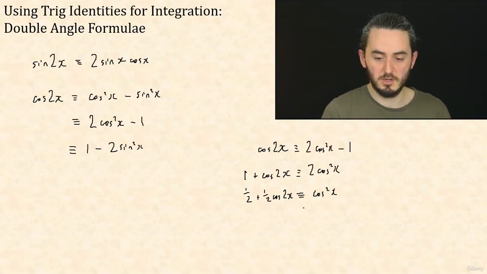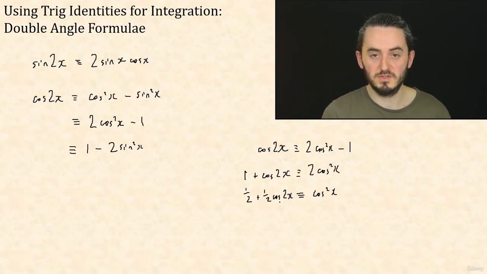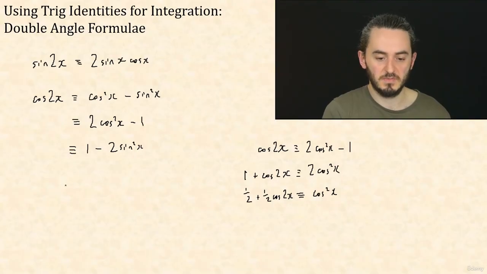Now the reason why this is so magic is that I've expressed a squared trig function that I do not know how to integrate in terms of a half plus a non-squared standard trig function, all of which I can integrate. So rearranging the cos double angle formula allows me to integrate cos squared x because it means I can express it in terms of stuff I can integrate.